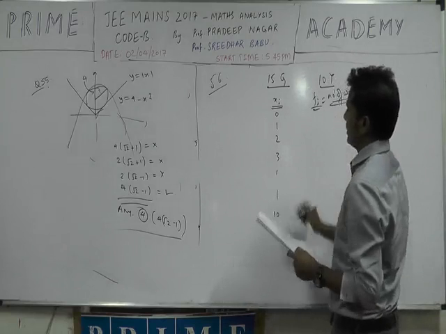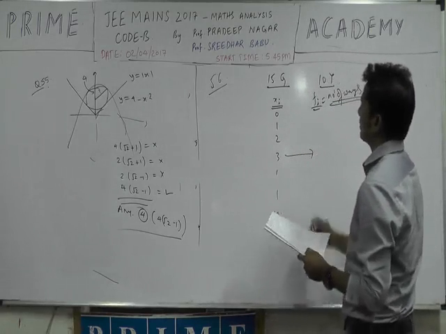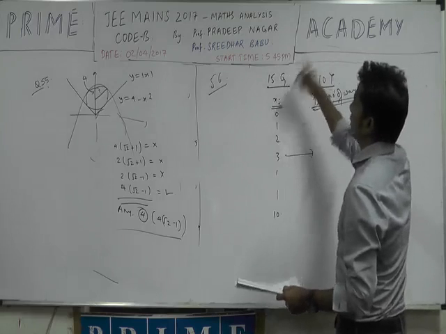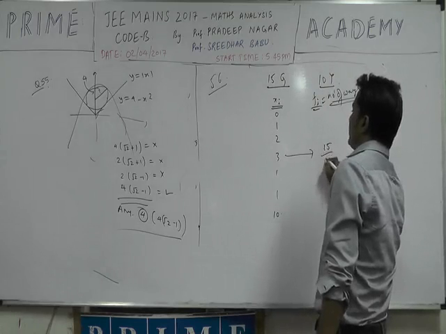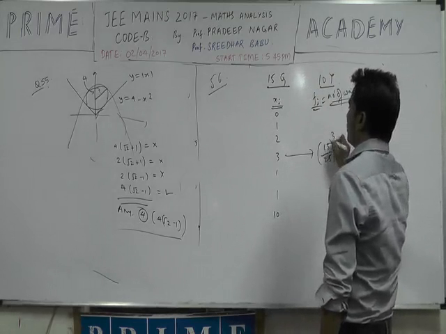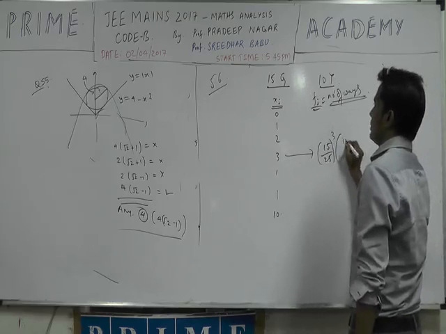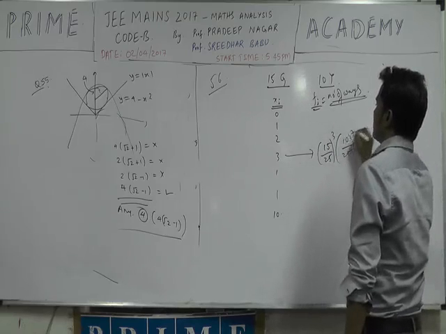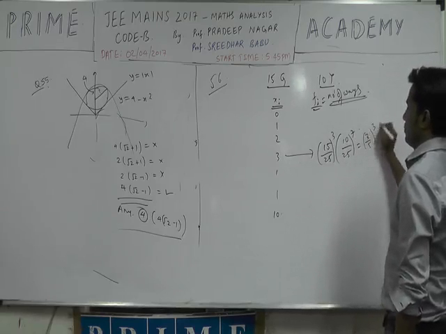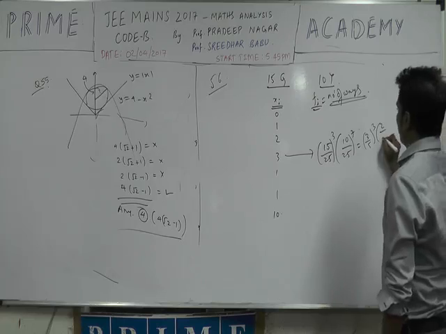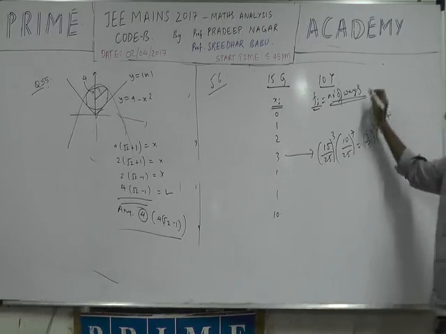Here for, let's say, 3 green balls: out of total 25 we want 3 green balls, that is (15 by 25) whole cube, and there will be 7 yellow, that means (10 by 25) whole power 7. When we simplify this we get (3 by 5) cube times (2 by 5) power 7. I am taking the probability.